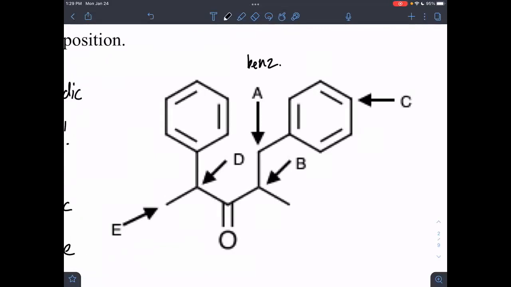What about B? How far is it from the double bond? Yeah, so that makes it, yeah. So it is going to have resonance for that carbonyl.